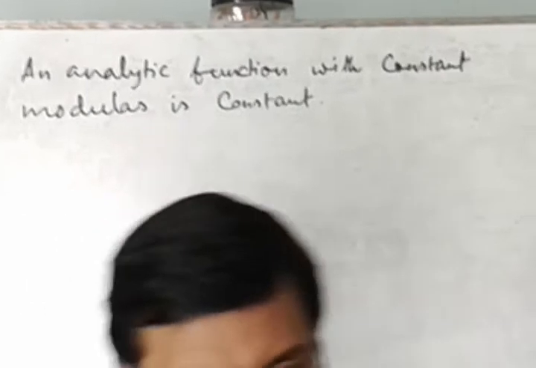So today we will see that an analytic function with constant modulus is always constant. I repeat it: an analytic function with constant modulus is always constant. So let us solve this.